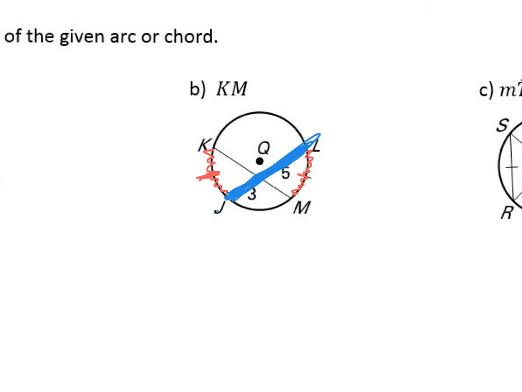Well, the thing is, this piece, JM, is shared by both this arc and this arc. So in that case, if I put this green arc with JK instead, it's going to be the same length as if I put it with LM to the right, which tells me that this arc must have this corresponding chord with a length of 8.